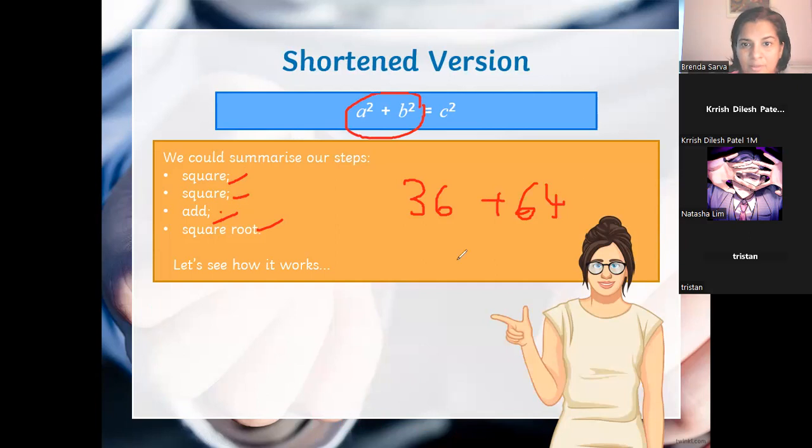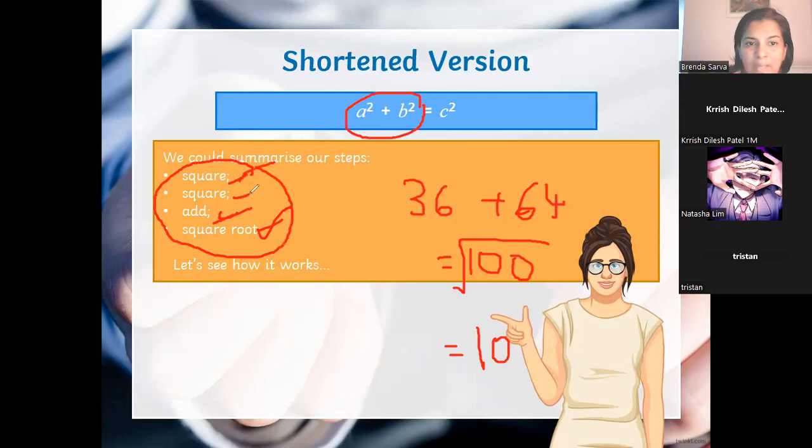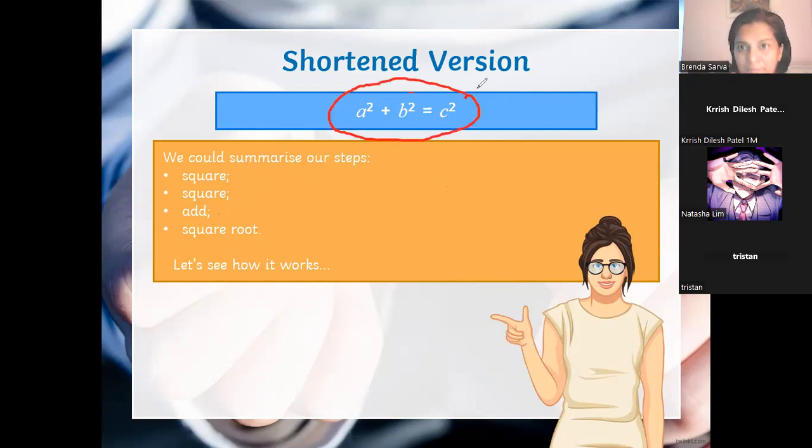Then you add, you get 100. And then what do you do with the 100? You square root it. And your answer gets to 10. So it's an easy way to remember. Square, square, add, square root. But if you understood the field diagram earlier, this is nothing. Am I right? You can already remember this for life.